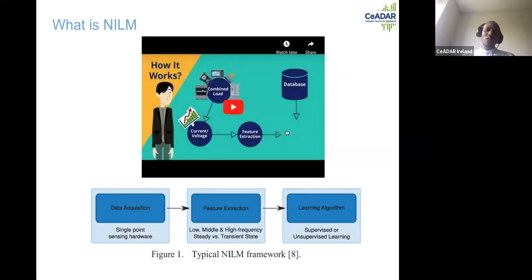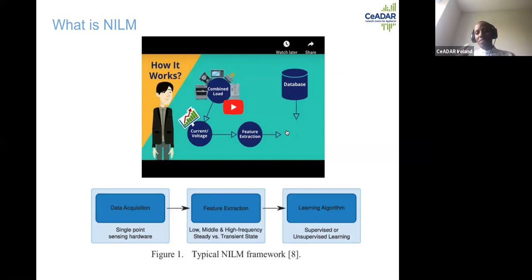So basically the idea is, given that you're monitoring an aggregate power signal from one point source, you want to know the contribution of each individual appliance to that aggregate power signal.